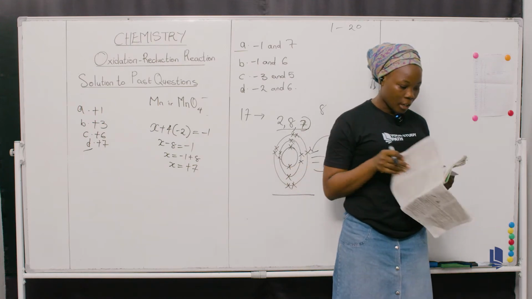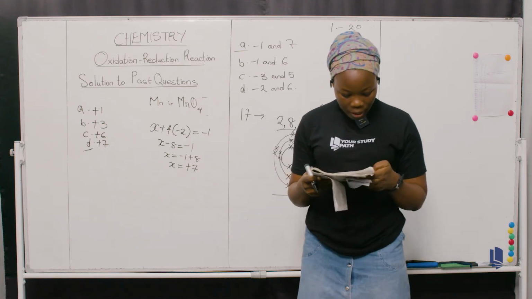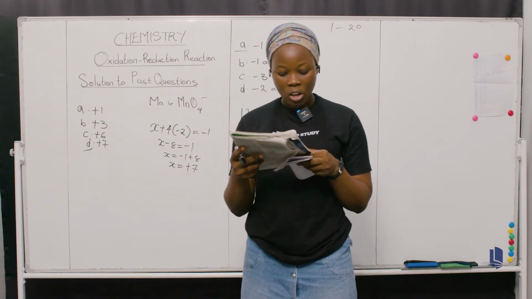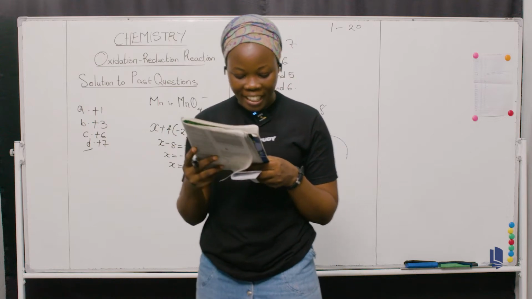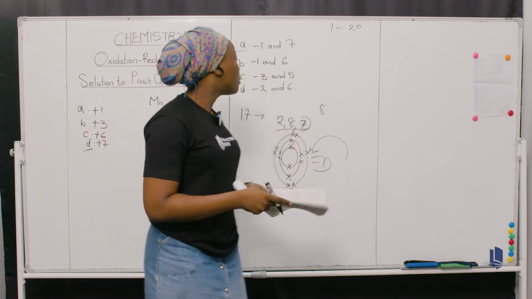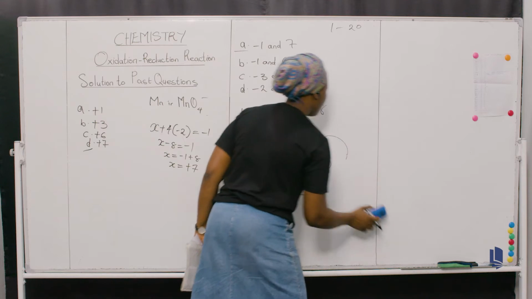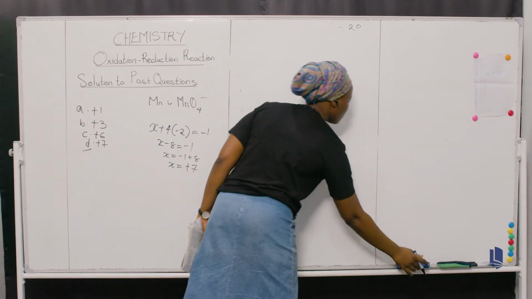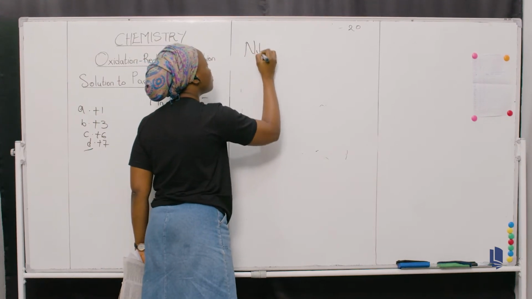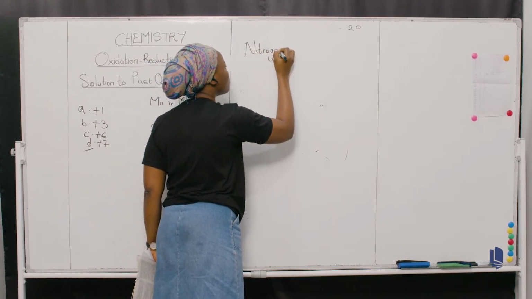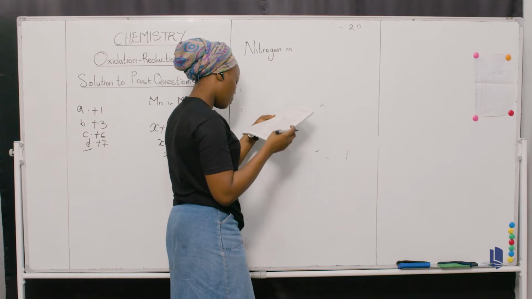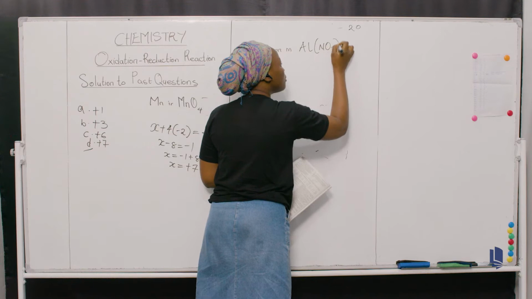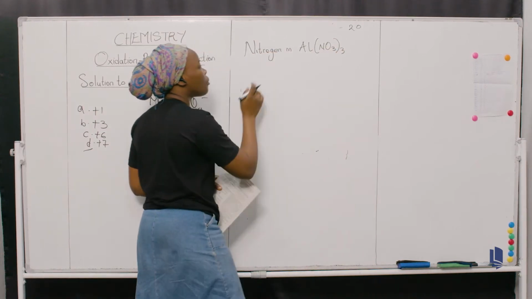2018 question 9. What is the oxidation number of nitrogen in AlNO3? Let me write that on the board. Oxidation number of nitrogen in AlNO3.